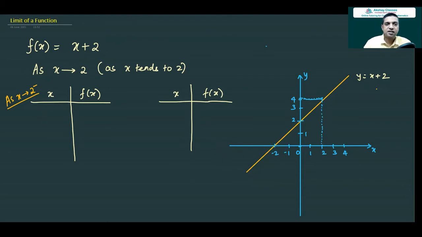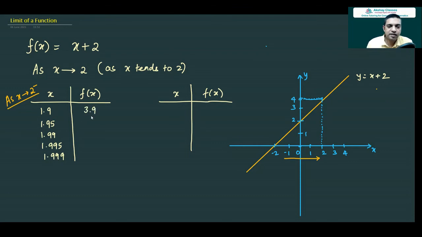Now as x tends to 2 minus, that means x is approaching the value 2 from values lesser than 2. So x is, say, 1.9, 1.95, 1.99, 1.995, 1.999. What happens to f of x? It approaches x plus 2.